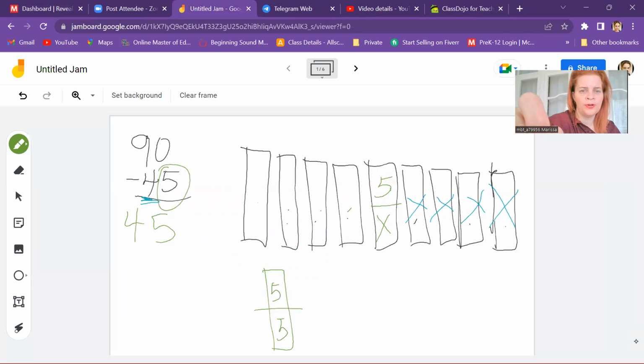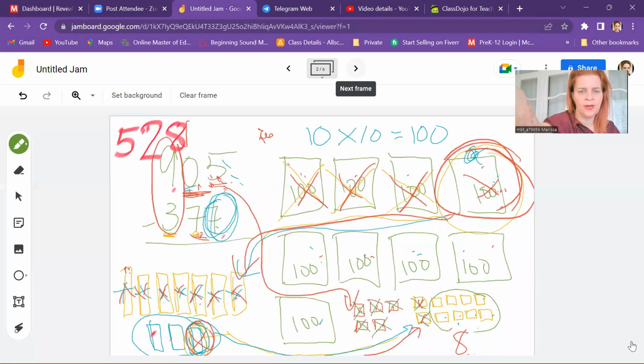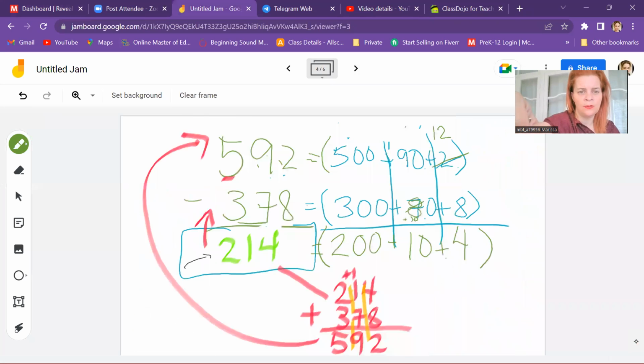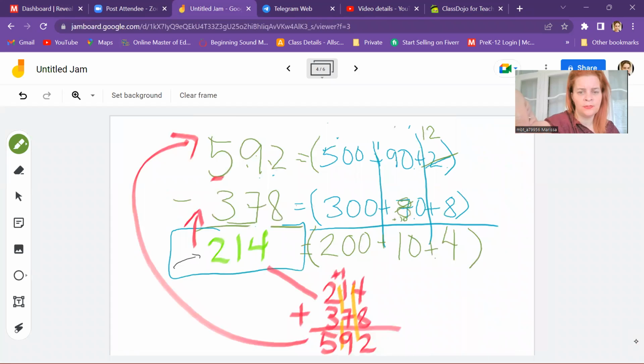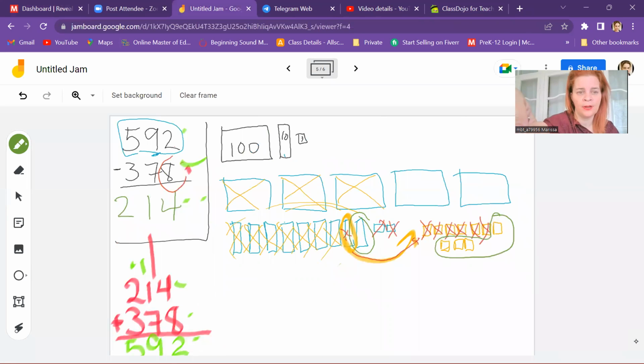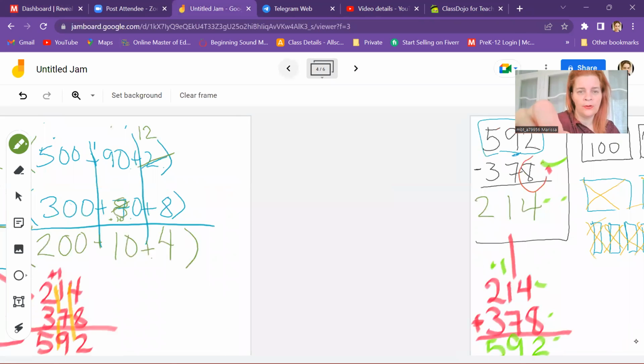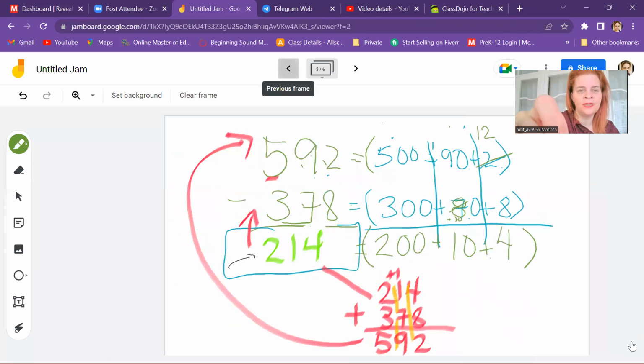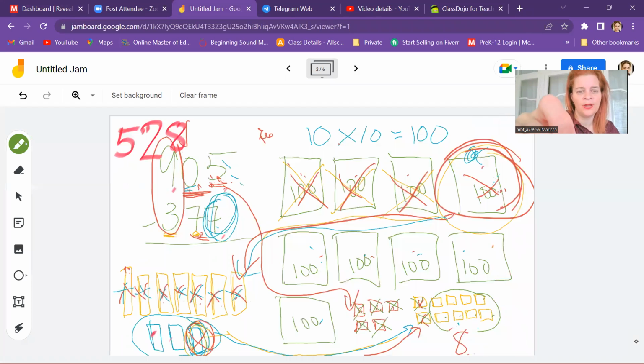Let me check my Jamboards here. What did I do? 592. Oh yeah, that's different. Okay, hold on. I did this before and I was like, oh, this is not right. This doesn't add the same.